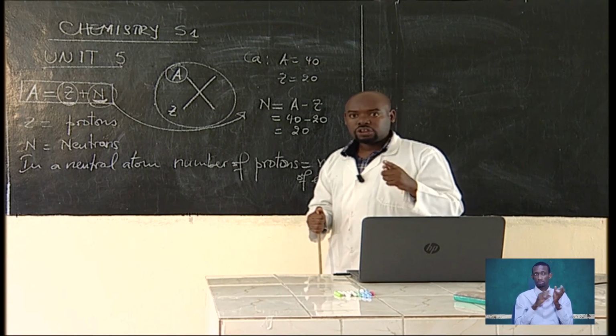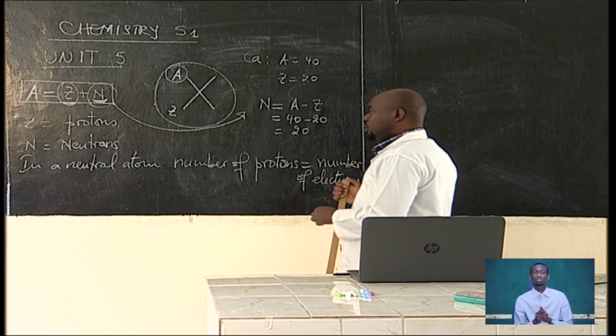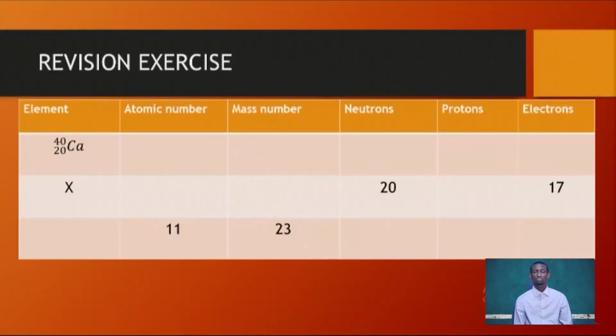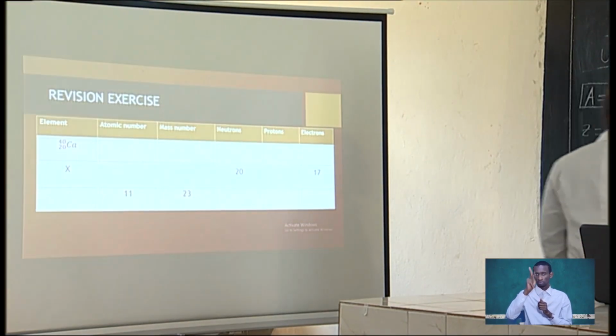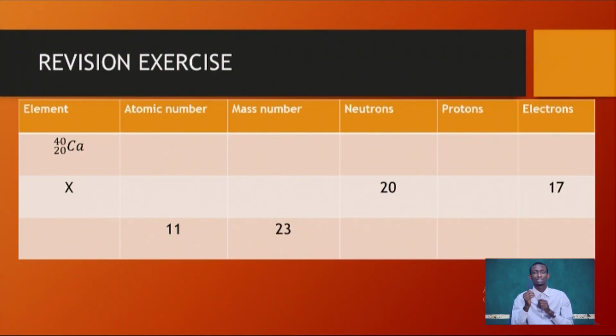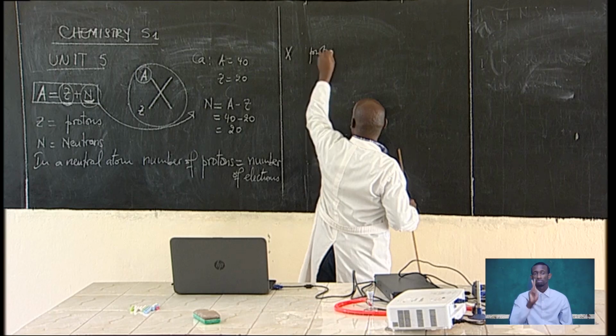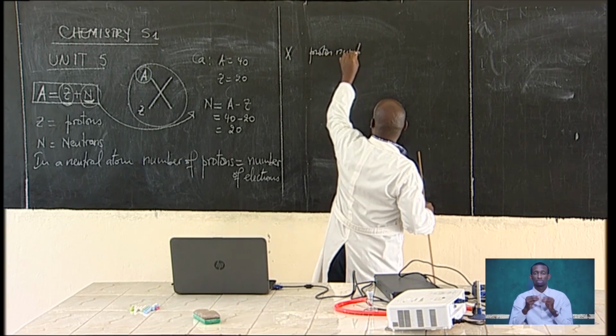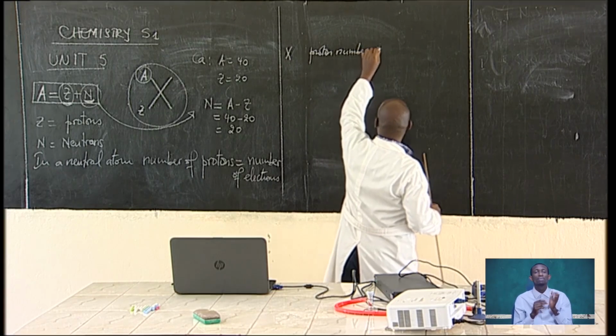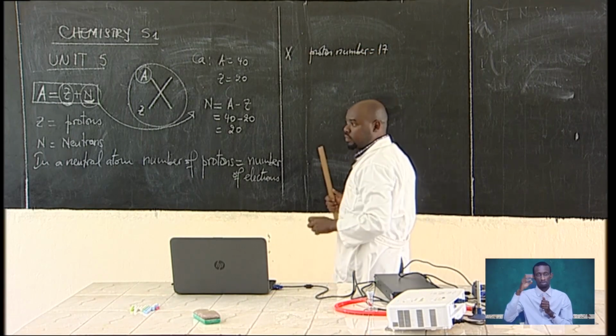And because of that, the number of protons here is also 17. So for this element X, the proton number is equal to the number of electrons, and it is 17.